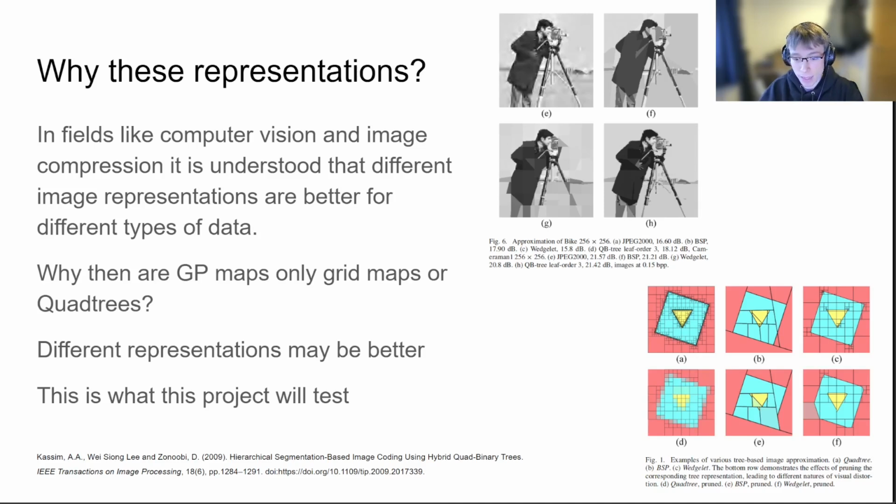Better meaning that it might be more accurate, it might be faster to compute, it might compress more memory but lose less data. And so the purpose of this project will be to test these representations taken from computer vision and see if there's any benefits to be had in the field of Gaussian process mapping, because maybe these representations might be an improvement over grid maps and quad trees that we haven't seen.